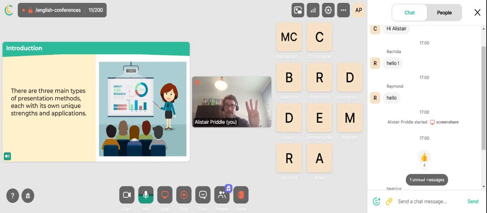There are 3 main types of presentation methods, each with its own unique strengths and applications.